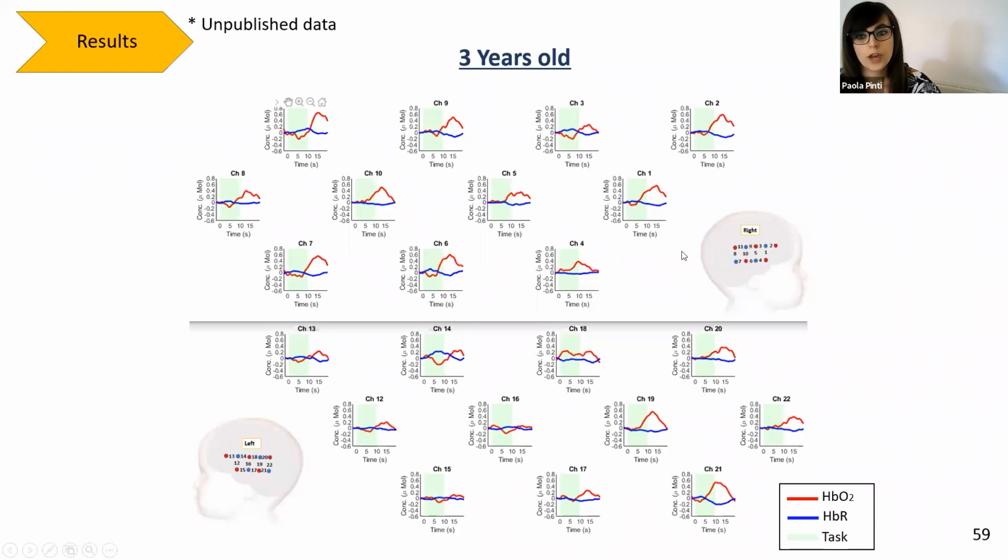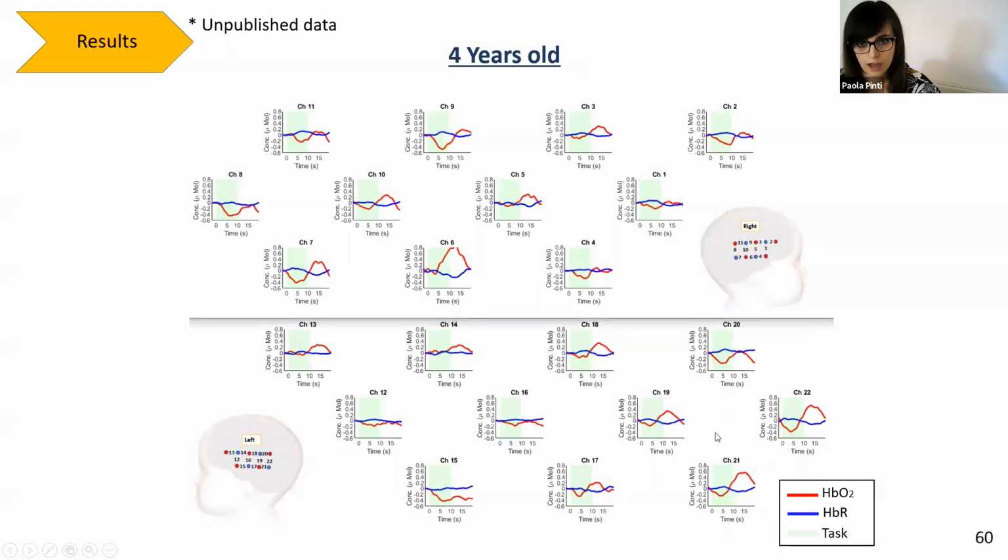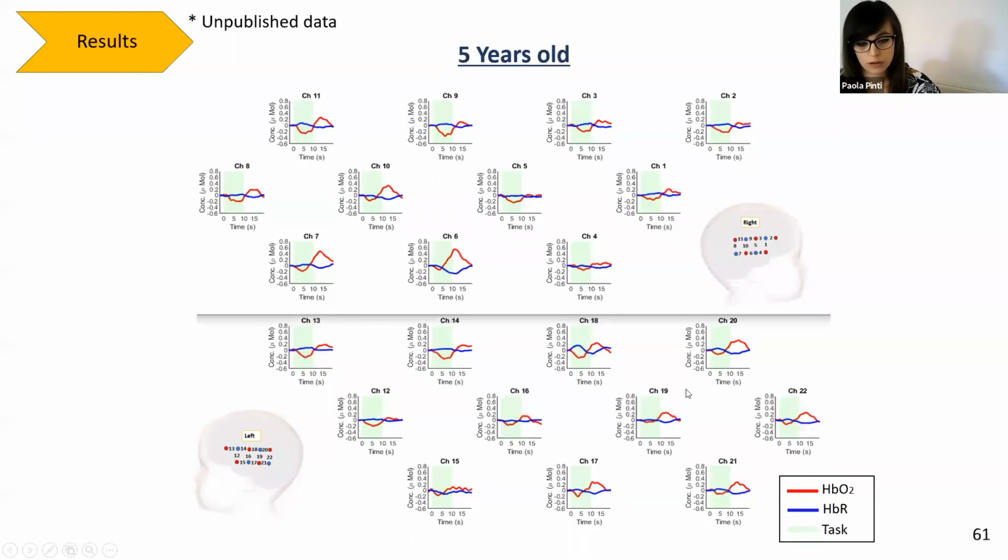In general, we observe very clean and nice responses, with oxyhemoglobin increases and anticorrelated deoxyhemoglobin decreases, which are very nice. This is true also for the other age groups: for the 4 years old we still observe very good quality data, and for 5 years old as well.